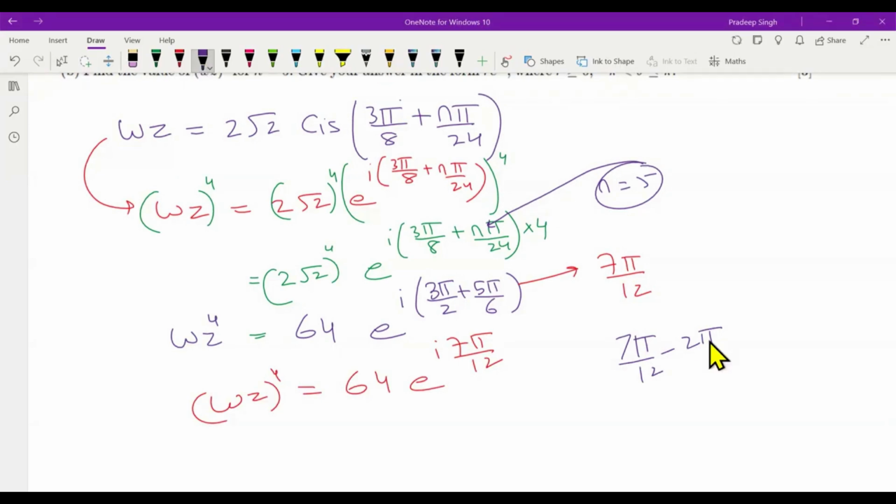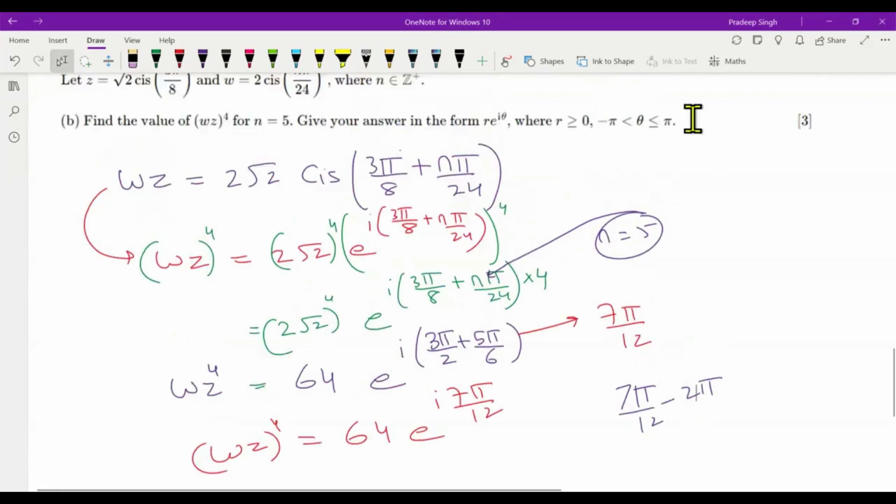Wait, no. Why is there a need of subtraction? 7 pi by 12, just check, is it in this range or not? Is it less than pi or greater than pi? It's less than pi. So it should satisfy.